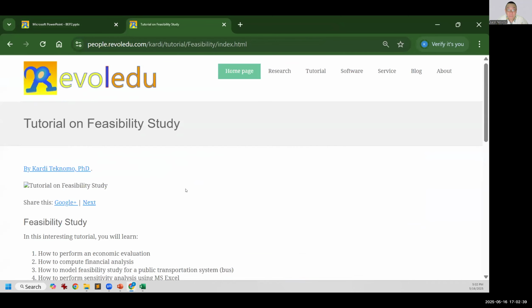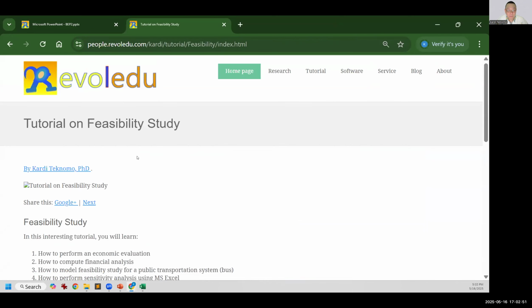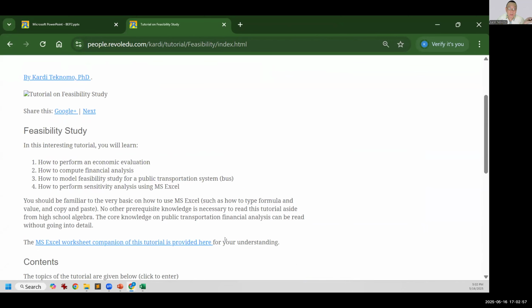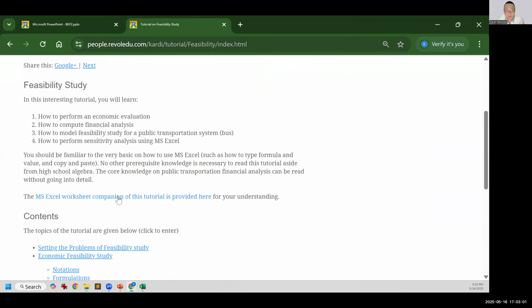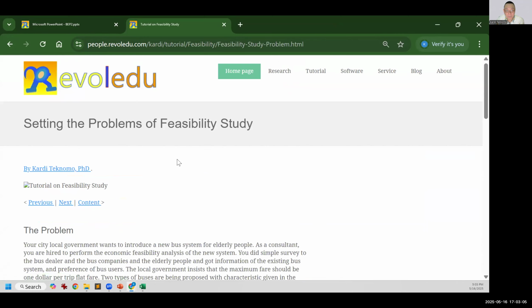If you go to Google and type sensitivity analysis in Revolution, I think the first result will go to that page. So this is a tutorial on feasibility study, how we use the financial and economic evaluation, and the Excel worksheet you can download here, and the text will explain the problem.